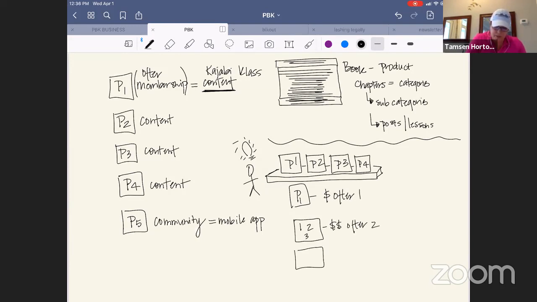And I could put 1, 2, 3, 4, and 5 together as another price point, and that would be offer 3. That is how I ended up with an offer-based, or I built the Netflix model.